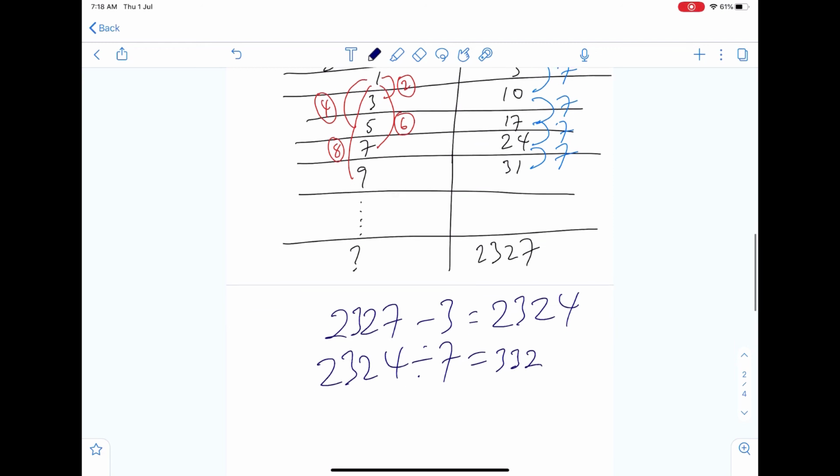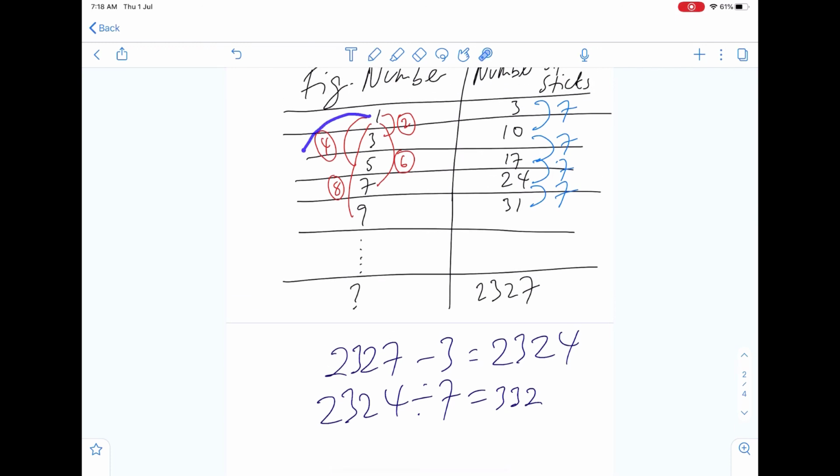So you're adding 7, 332 times. So from figure 1 all the way to what's needed here, what is the jump that you need? Is it plus 2? Is it plus 4? Is it plus 6? Is it plus 8?